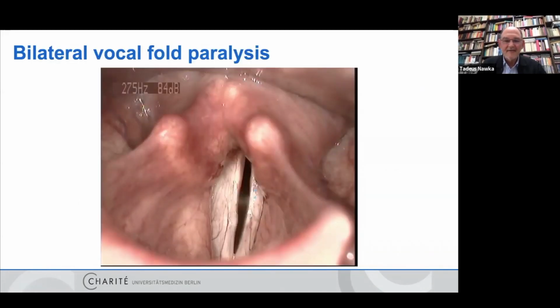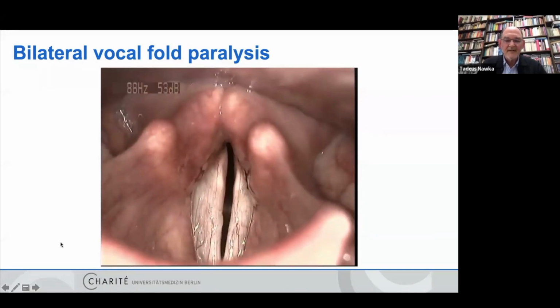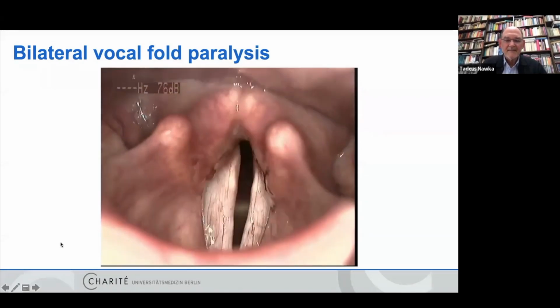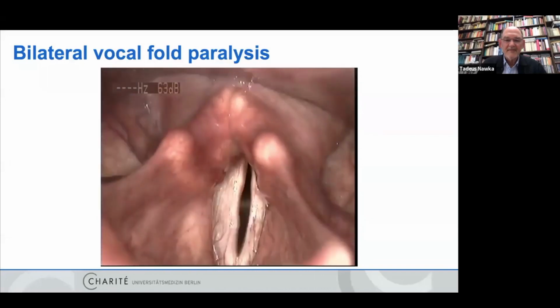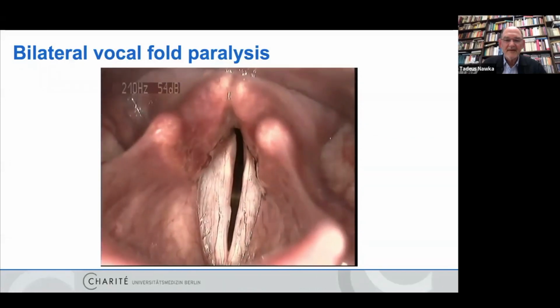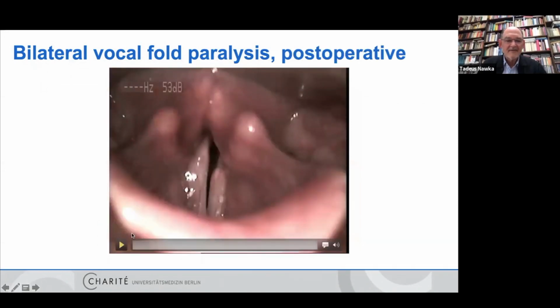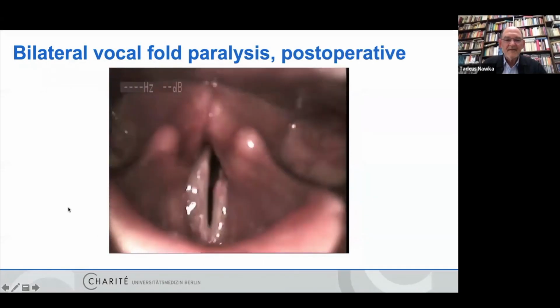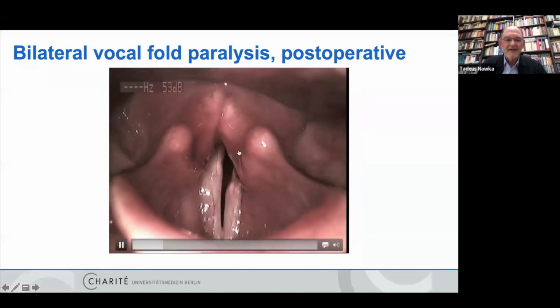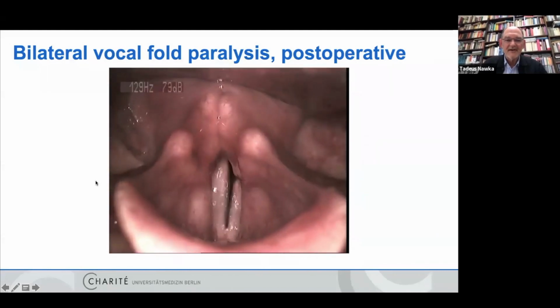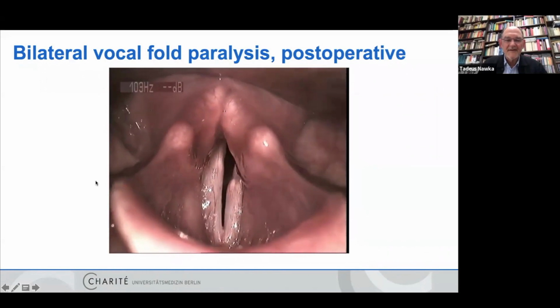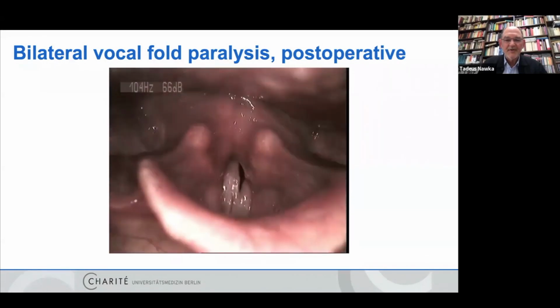And here you have an example before: normal working vocal folds, and after surgery the vocal fold has been preserved, and the cartilaginous part, which is partly covered by the arytenoid cartilage, is open.